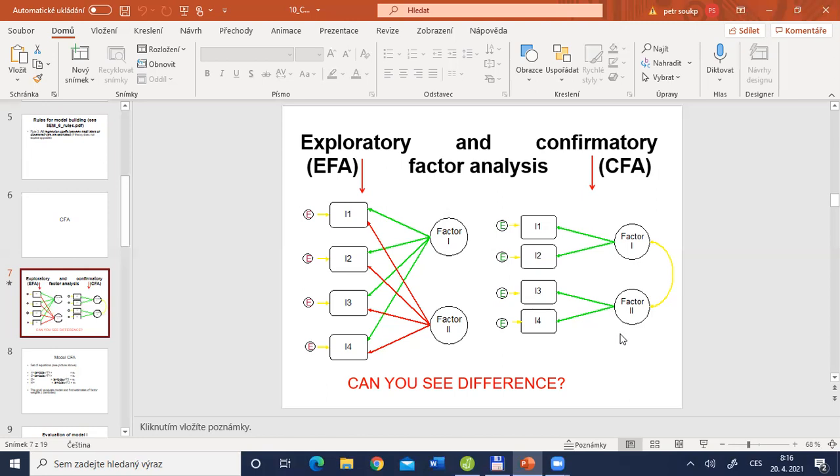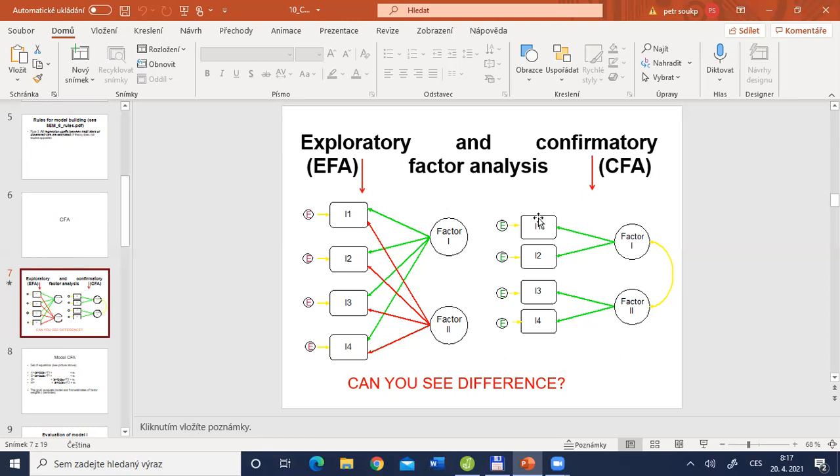As we can see in the pictures here, for exploratory factor analysis we have also discovered the equations behind them. So for this first introduction, I would also like to show you the equations behind the scenes. Here, as you can see, are 1, 2, 3, 4 regression equations. For all these regression equations, the dependent variable is a manifest variable, I1 up to I4.